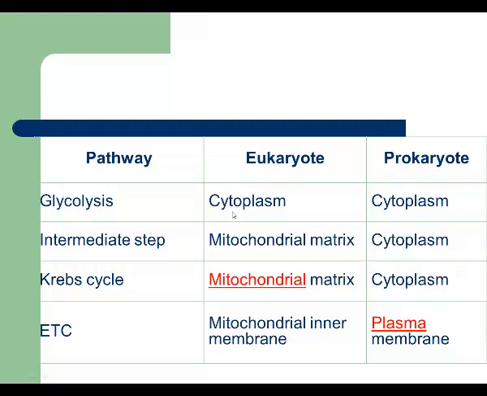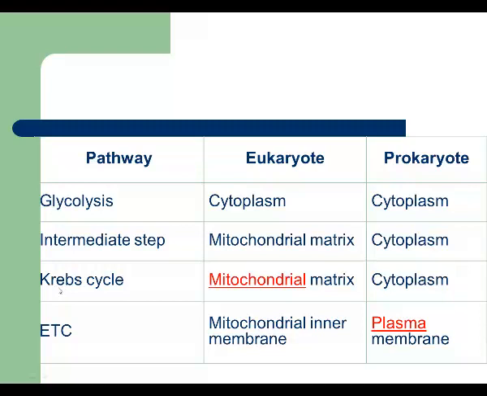In eukaryotes, glycolysis occurs in the cytoplasm. Same in prokaryotes. Intermediate step: we already know in eukaryotes it will occur in the mitochondrial matrix, and in prokaryotes in the cytoplasm again. Why? Because prokaryotes have no mitochondria.